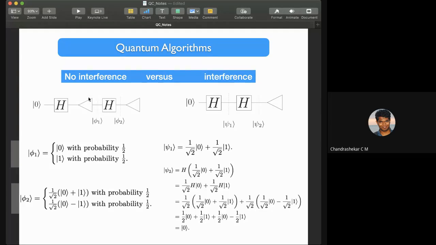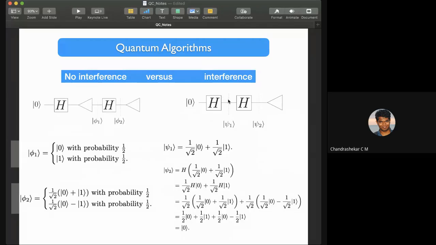Because you have collapsed here, we don't know whether it was 0 or 1. You end up having the possibility of being in this superposition 0 plus 1 or 0 minus 1 with half probability after you apply a Hadamard. Again, the moment you make a measurement here, you are either getting 0 or 1 with half probability. So this is a probabilistic way where you don't have any interference.